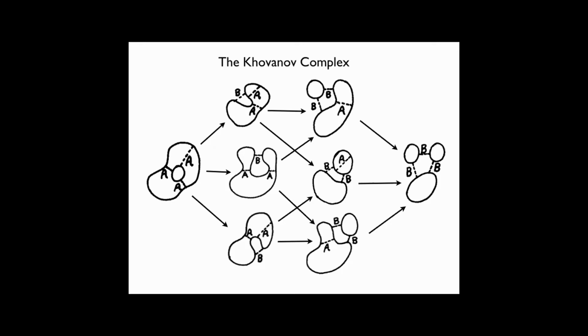But now comes the question, which turns out to be significant, that Khovanov asked. Couldn't we use the category to get at invariance of the knot? Couldn't we somehow understand how this collection of states as a category moves around when you do Reidemeister moves on the knot?